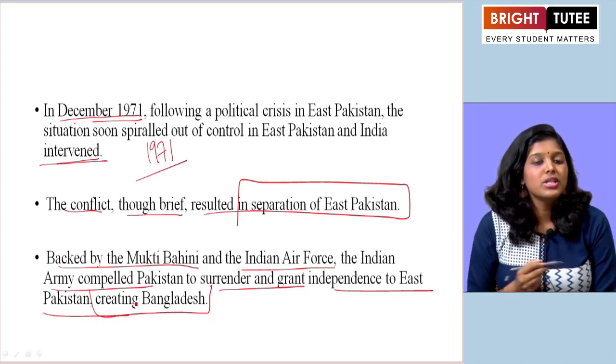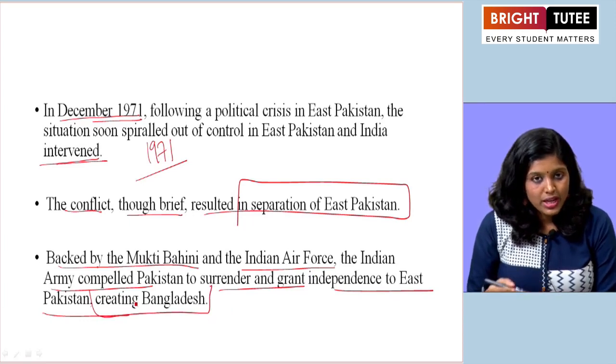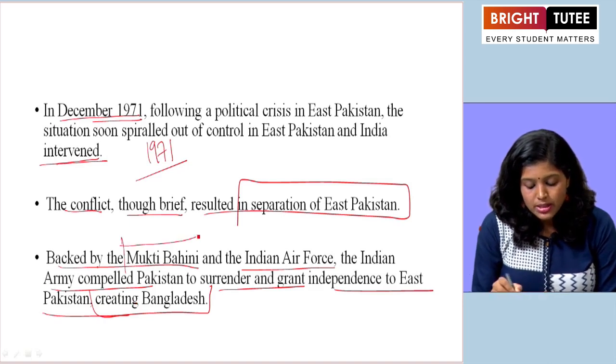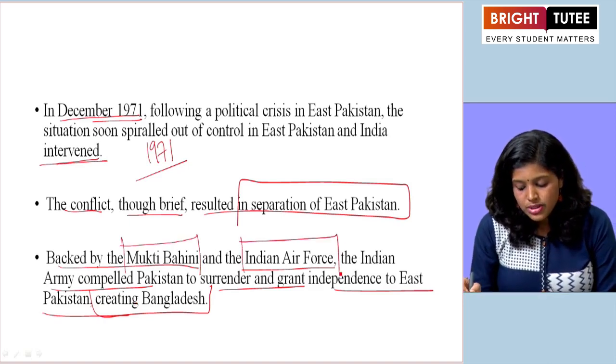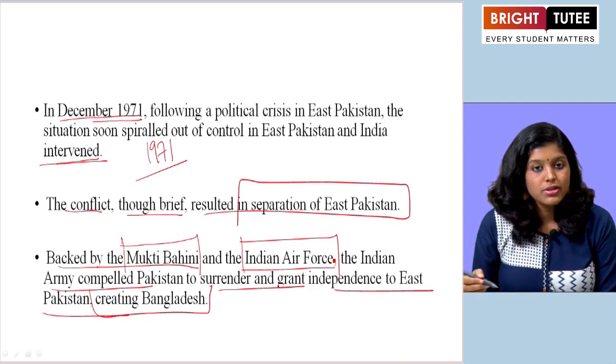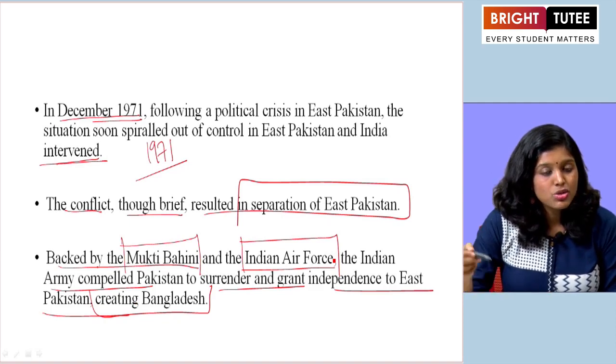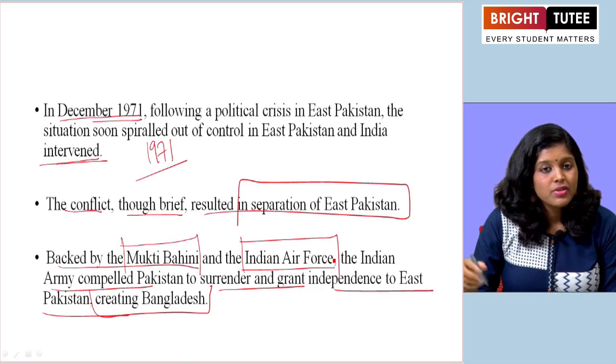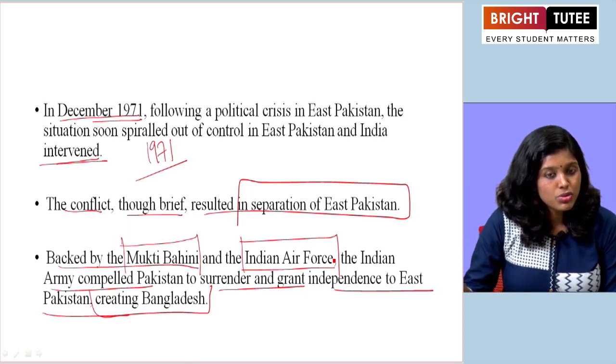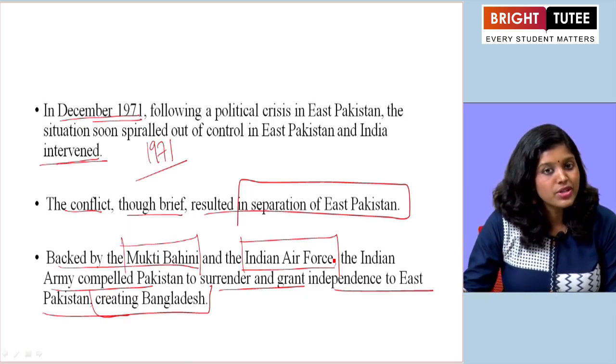So, this is how India intervened, and with the efforts of the Mukti Bahini and Indian Air Force, Pakistan was compelled to grant independence to East Pakistan, which then gave birth to Bangladesh in 1971.